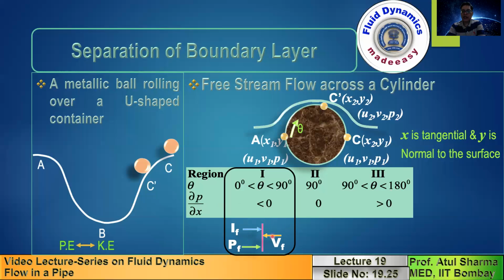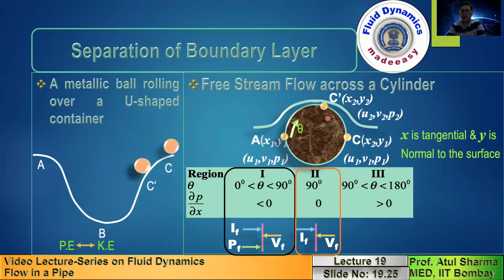Inertia force always acts in the forward direction. Viscous force acts in the opposite direction. So between 0 to 90 degrees, when you have a favorable pressure gradient, this is the direction of the forces. When the pressure gradient is 0, the net pressure force is 0, and there is a balance between the inertial force and viscous force.